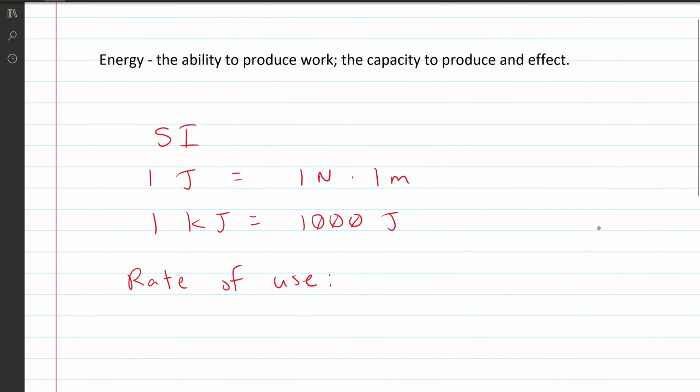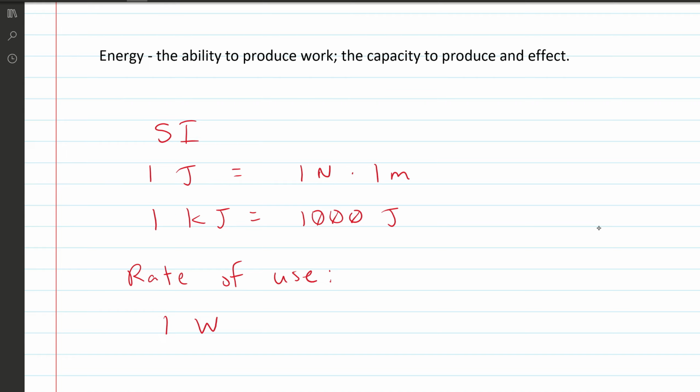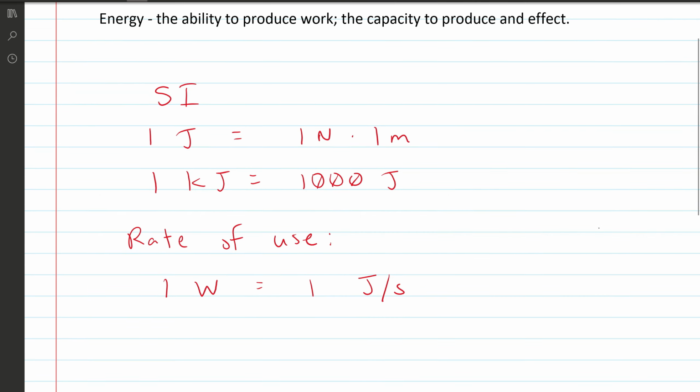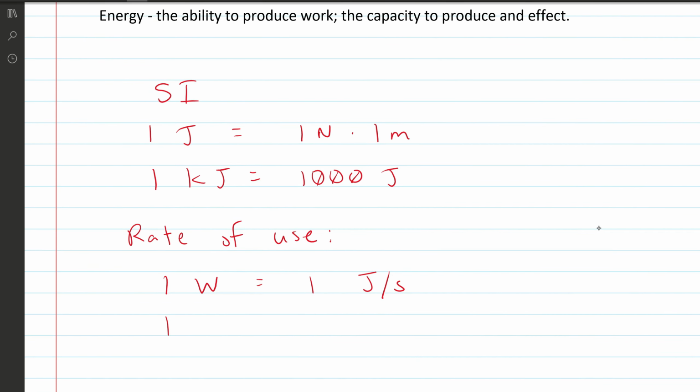So we have 1 watt. 1 watt is equal to 1 joule per second. And then we have 1 kilowatt, which is about 1,000 watts.